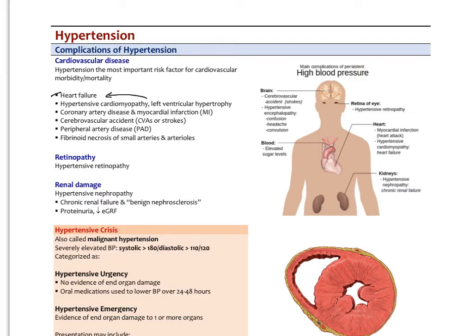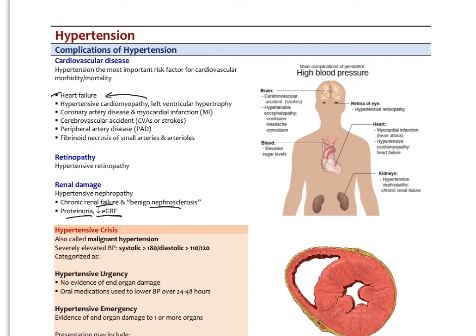So hypertensive nephropathy, and we can develop renal failure, a specific type known as benign nephrosclerosis. This results in protein being spilled in the urine, called proteinuria, and a decreased ability of the kidneys to filter. That would result in a decreased estimated glomerular filtration rate, eGFR. So these would be some of the main effects.